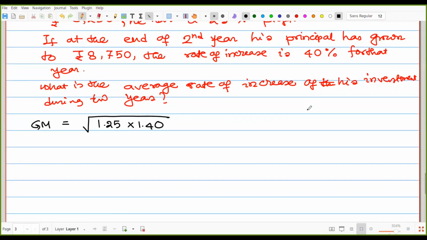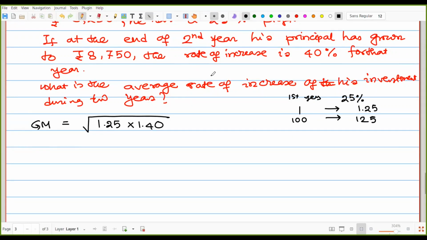Let's check what is happening. Suppose I give 1 rupee for the first year, then I am getting a 25% increase. So after 1 year, I am getting 1.25. Like if I give 100 rupees, then I am getting 125 rupees.